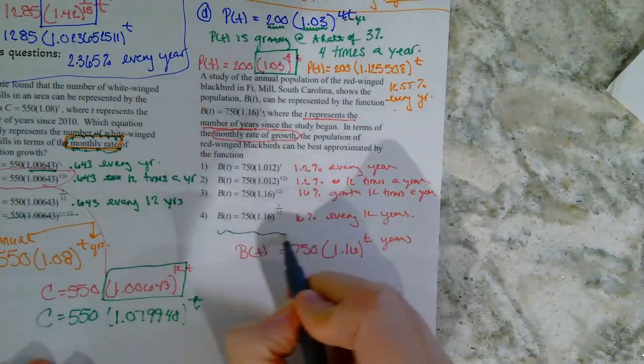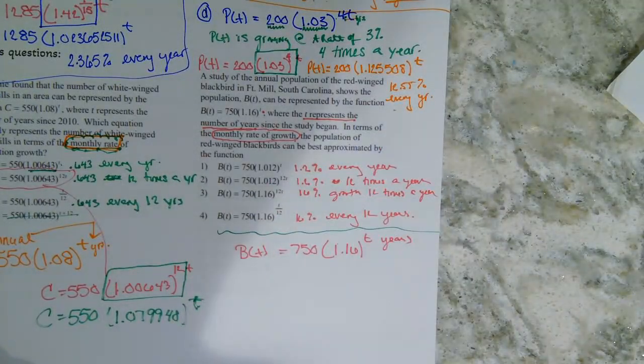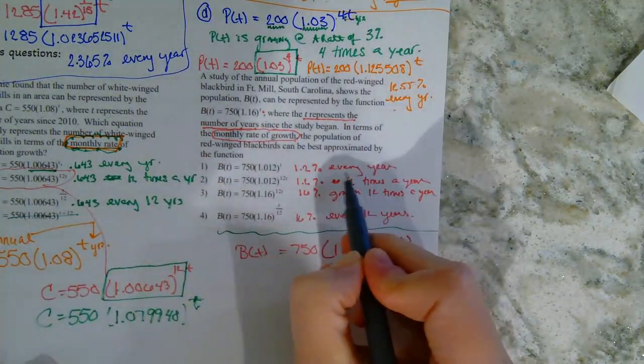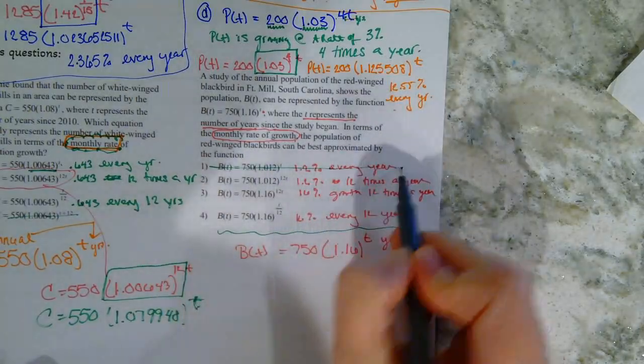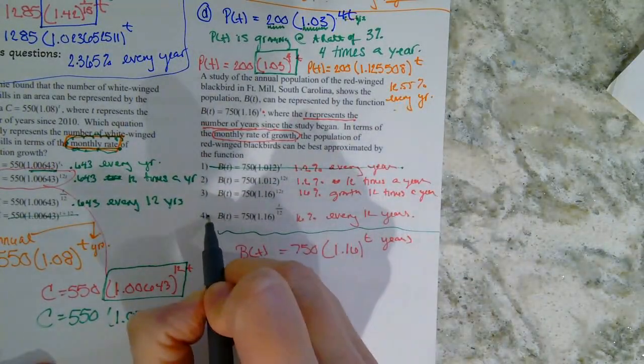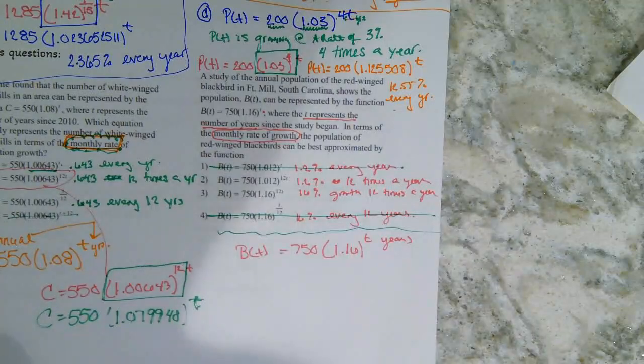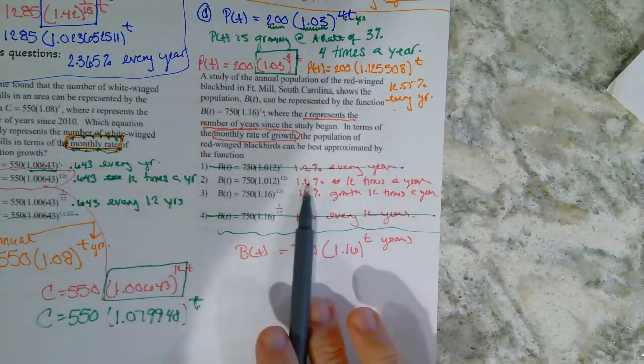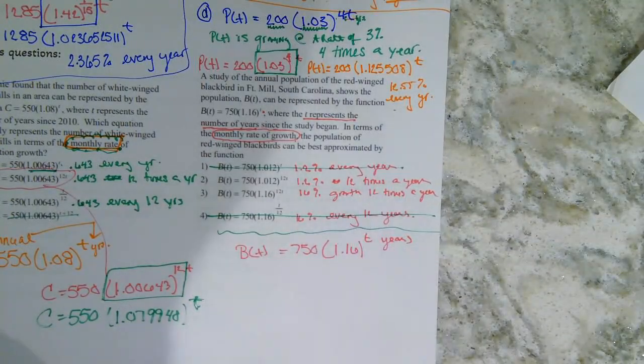Okay, so I first kind of decipher what they mean. So again, I think we can narrow out two that don't have anything to do with monthly. I don't think option 1, every year, has anything to do with monthly. And I don't think every 12 years has anything to do with monthly. Okay, I think it has to do with 12 times a year.